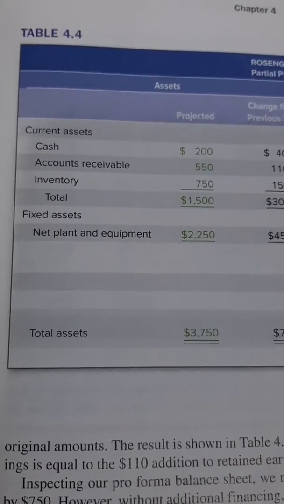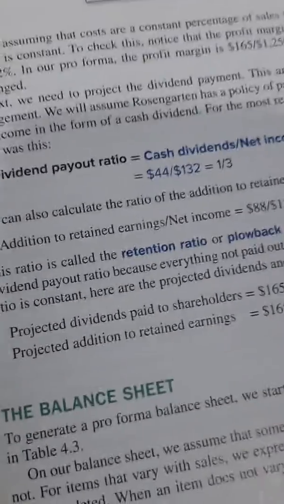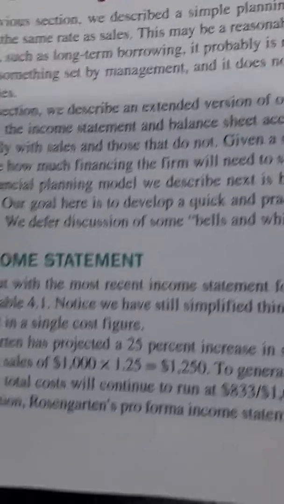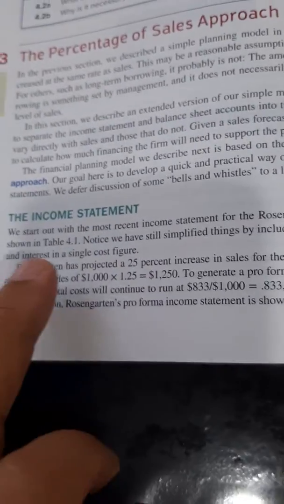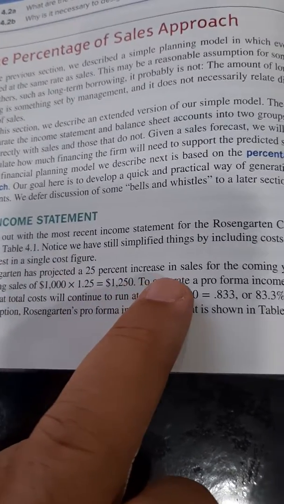So how does this change come about? On page 98, it is stated that Rosengarten has projected a 25% increase in sales. The current sales is 1,000.